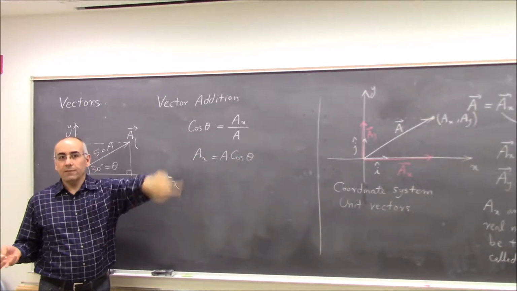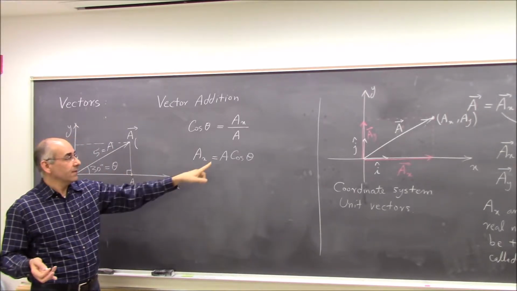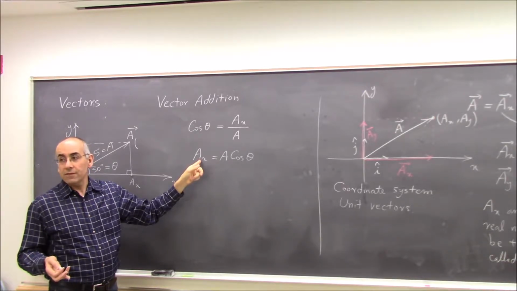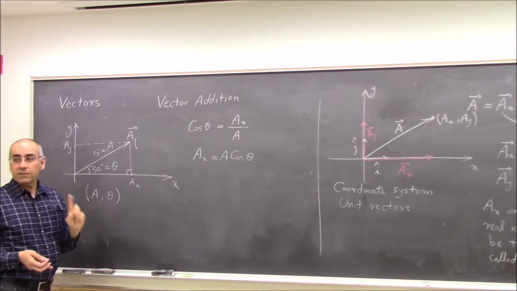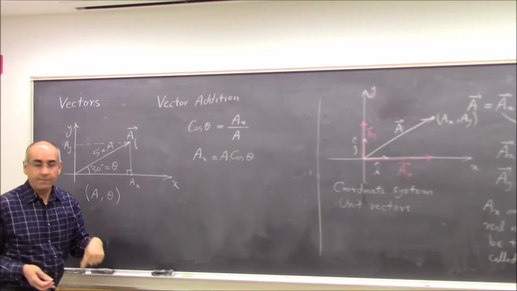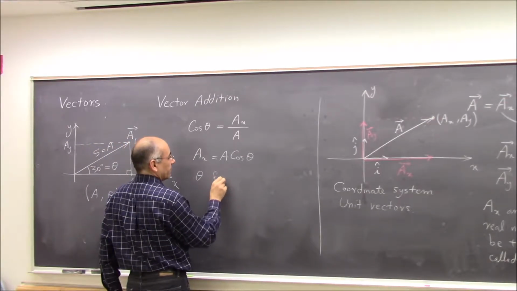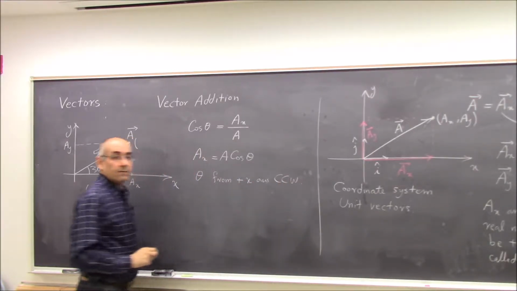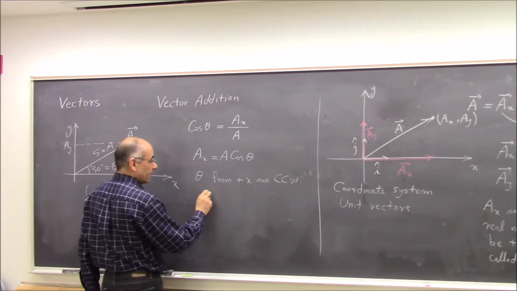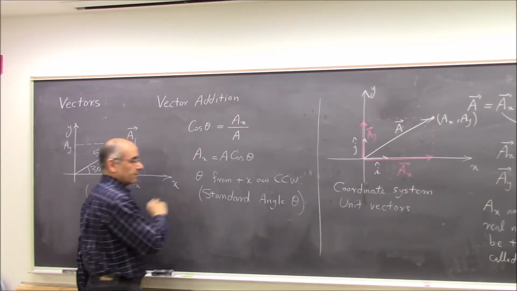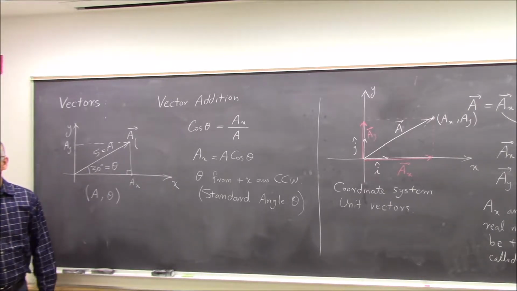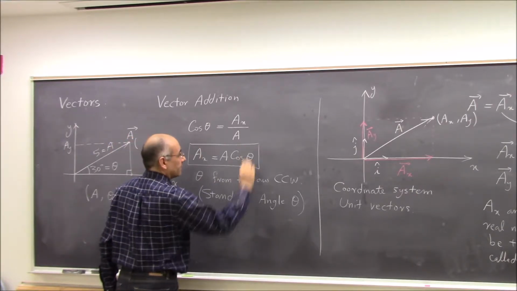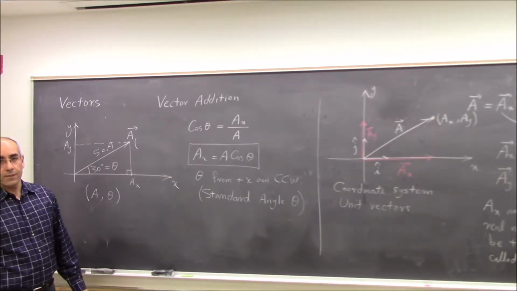For any value of theta, this always gives you the right component value as long as theta is from the positive direction of the x-axis counterclockwise. So theta from positive x-axis counterclockwise is called standard angle. I call it standard angle when it is from positive x direction counterclockwise. And in that case, AX is always magnitude of A times cosine theta.